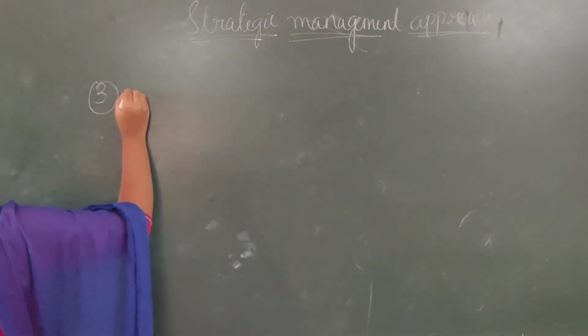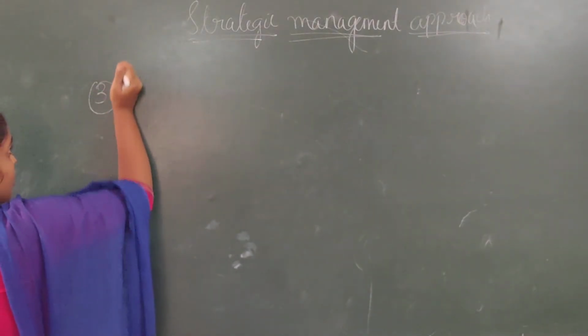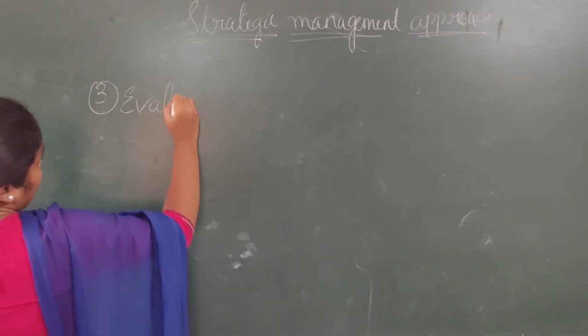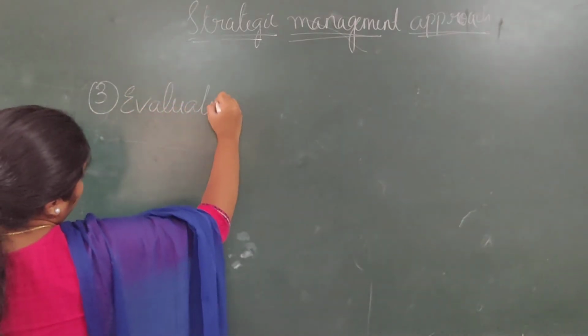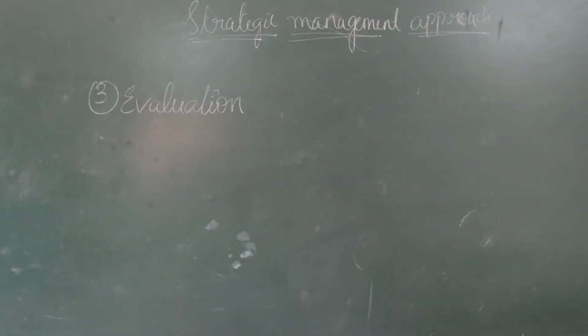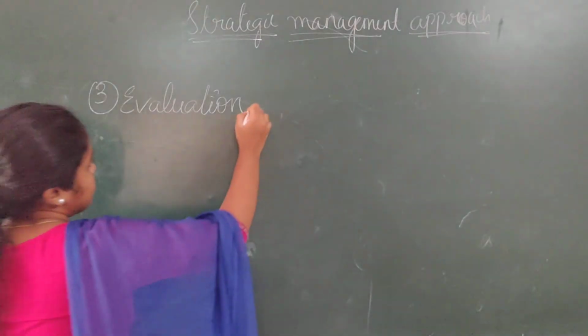Third point is now evaluation. In this evaluation we have: set control process.